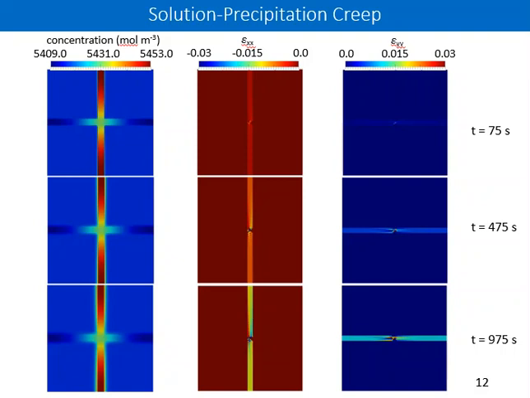As time increases, the brine concentration and its gradient almost remain constant over time, but as the salt diffuses from the high pressure region to the low pressure region, the constant grain boundary diffusion will introduce compressive creep strain on the compressed grain boundary and tensile creep strain on the free grain boundary, which is typically called the solution precipitation creep.